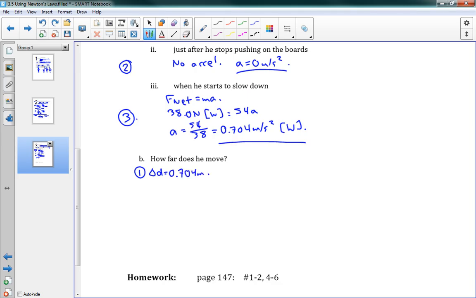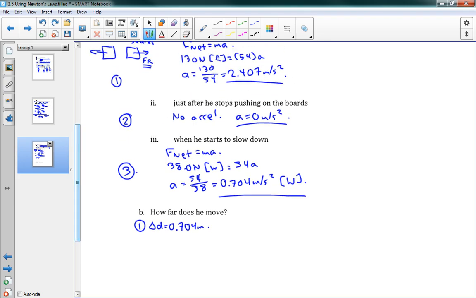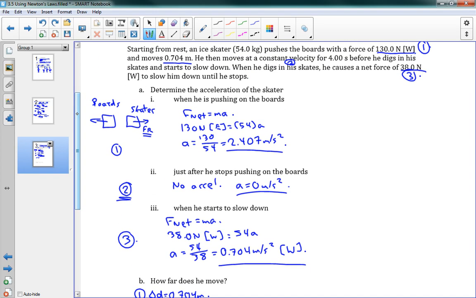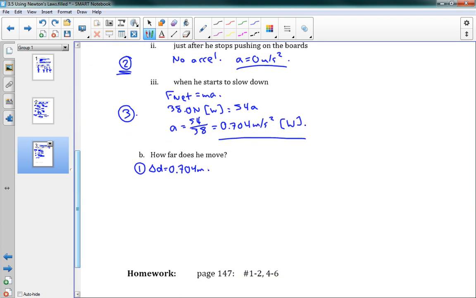But I'm not done with step 1, because I need to use its information to find out how fast he's going in step 2. Because in step 2, we're just told he's going at a constant velocity for 4 seconds, but we don't know what the velocity is. So I need to find what the final velocity is for step 1. Hopefully that makes sense. So step 1, we need to find the final velocity.